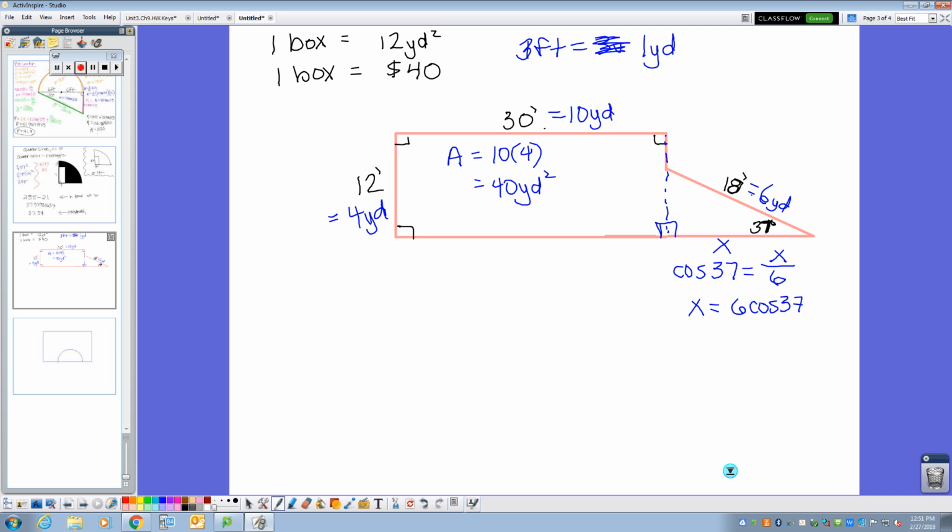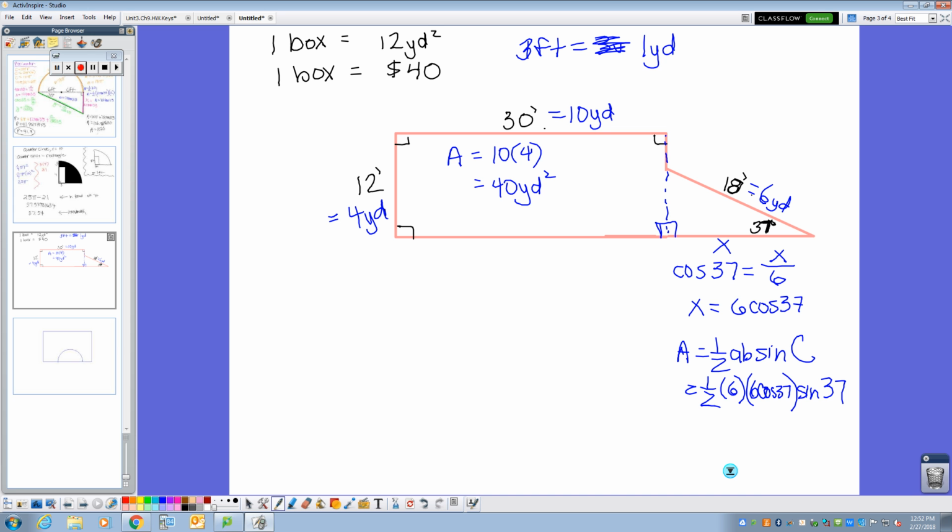Now to get the area of that triangle, it's 1/2 AB sine of C. So it's 1/2 times 6 cosine 37 times the sine of angle C, which is 37. And that gives us our area.